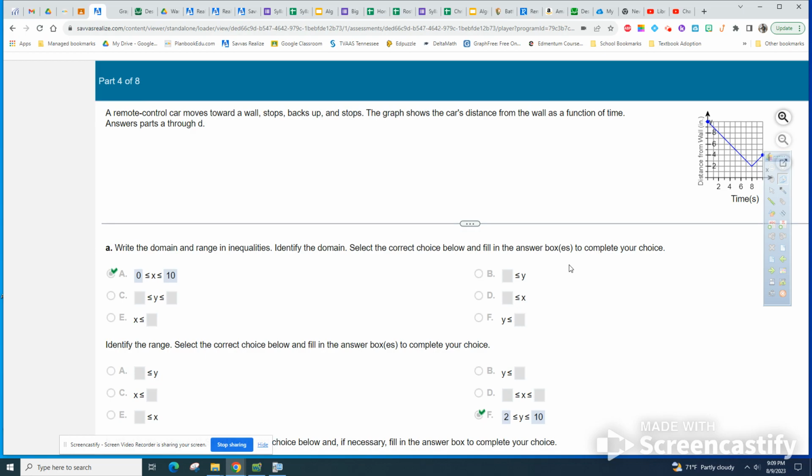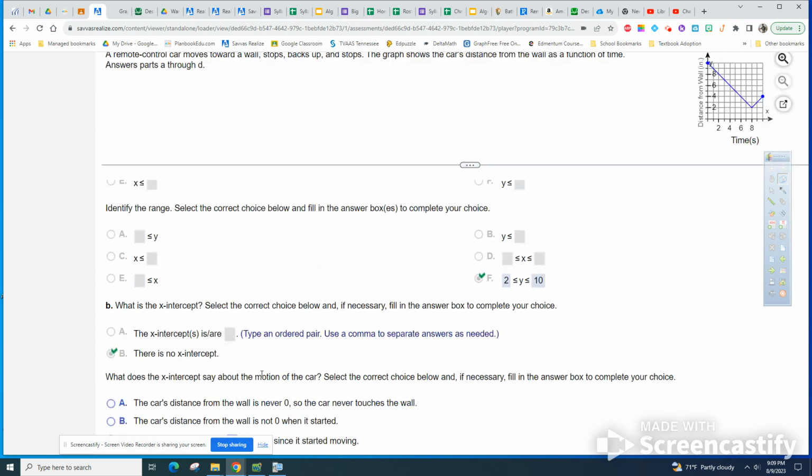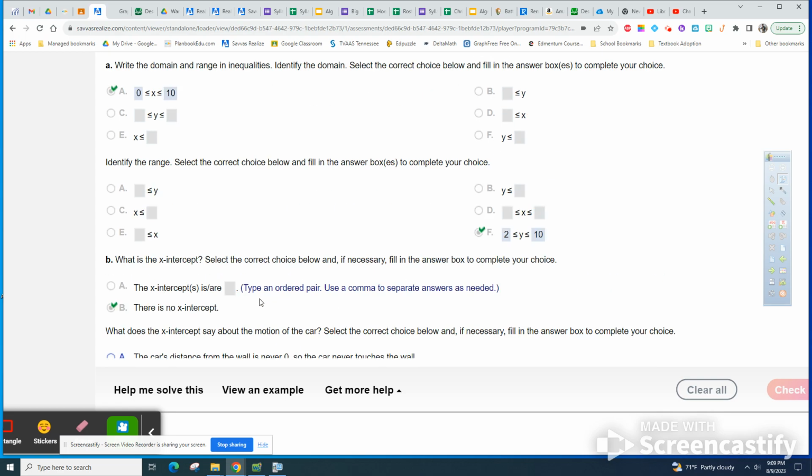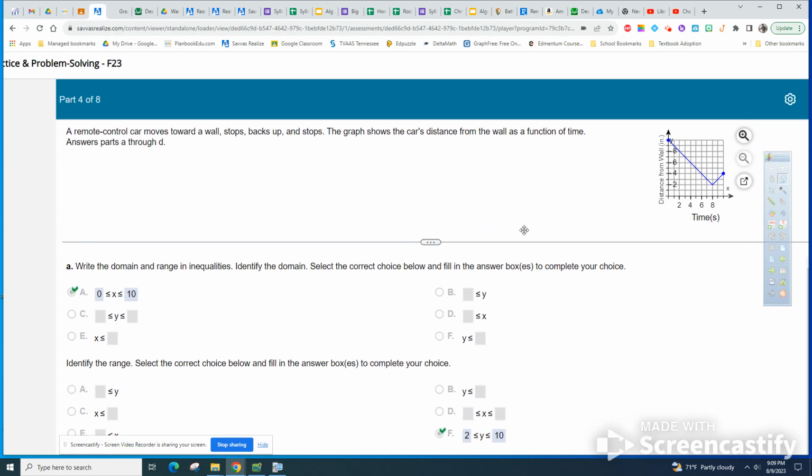Distance from the wall. So it was traveling away from the wall and then turned around and started heading back to the wall. Okay, so which one of these says that? The distance from the wall was 0, and then it went up to 8, and then down to 4.